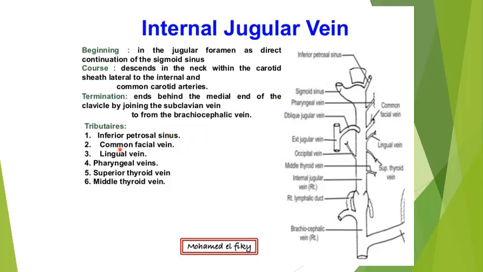Its tributaries are the inferior petrosal sinus, common facial vein, lingual vein, pharyngeal vein, superior thyroid vein, and middle thyroid vein. So this is the inferior petrosal sinus, common facial vein, pharyngeal vein, then lingual vein, superior thyroid vein, and middle thyroid vein.